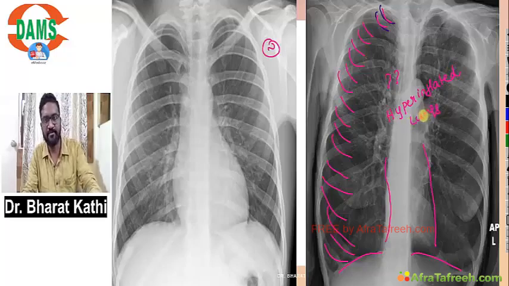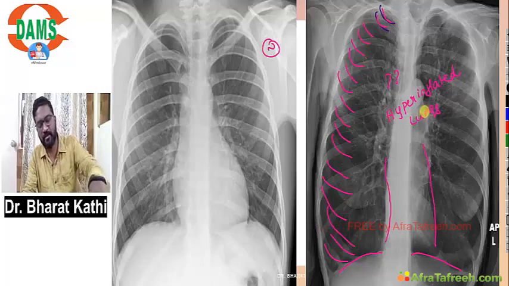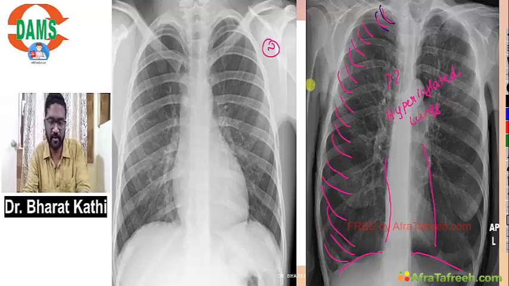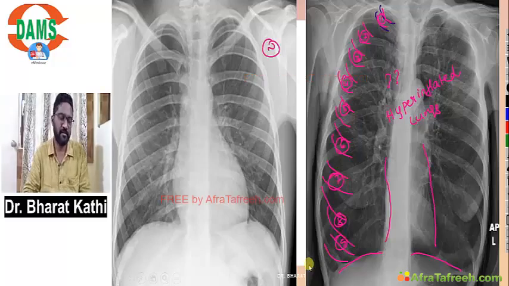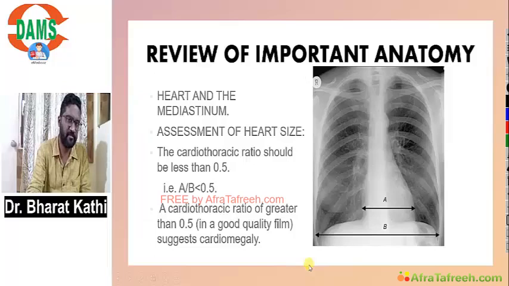Hyperinflated lungs. So you can see more than 6. So here actually it's not 6. How much is the total? 3, 4, 5, 6, 7, 8, 9. Nearly 9 anterior ribs. So this is hyperinflated lung fields, classical of COPD emphysema.